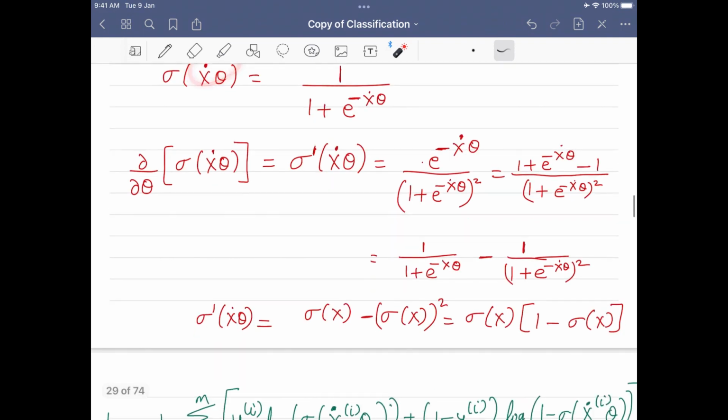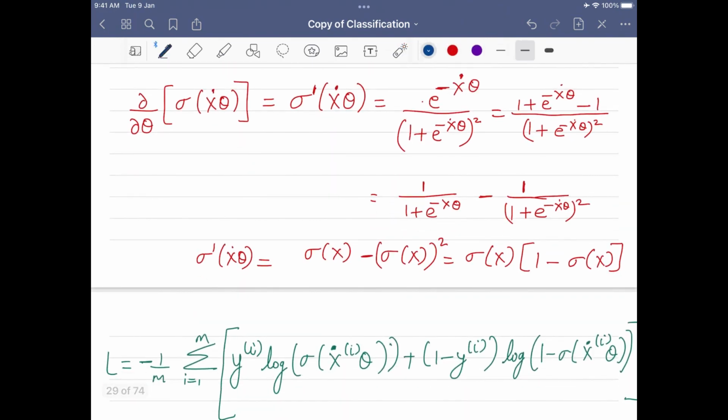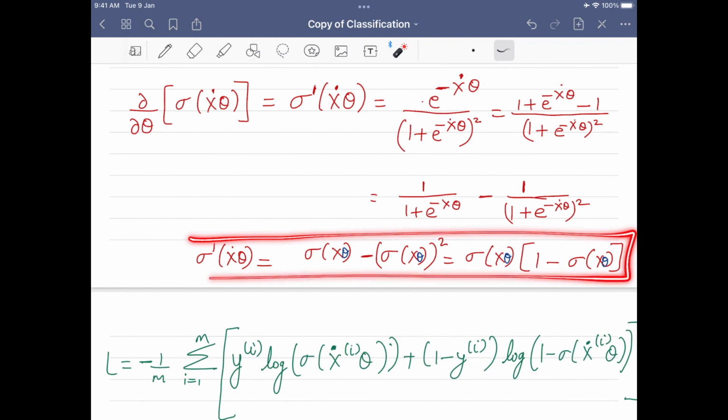So basically it has to be not sigma x, it will be sigma of x theta. So there is a mistake here. Basically sigma dash of x theta will be nothing but sigma of x theta times 1 minus sigma of x theta. So this is the thing you have to keep in mind.